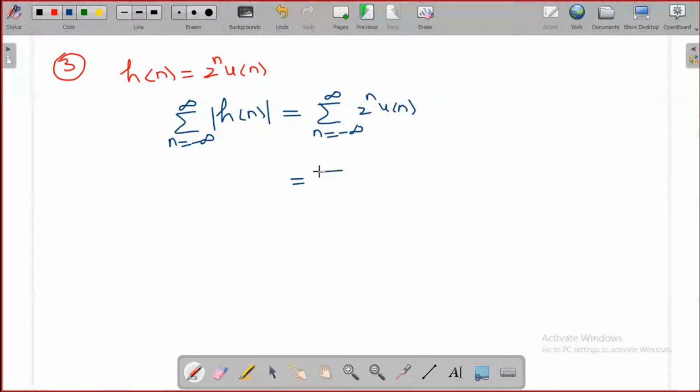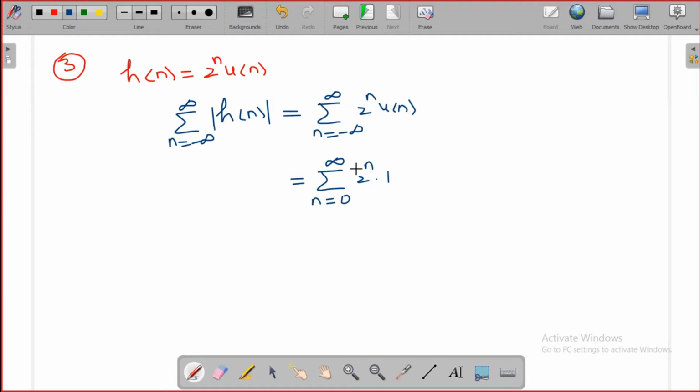So the summation limits change to 0 to infinity, and 2 power n into u of n is simply 1 over this time duration, 0 to infinity. Now see, this is in the standard summation form, summation n is equal to 0 to infinity a power n.